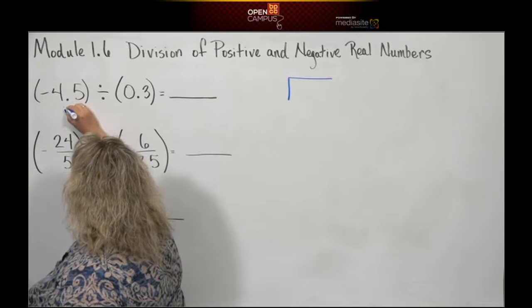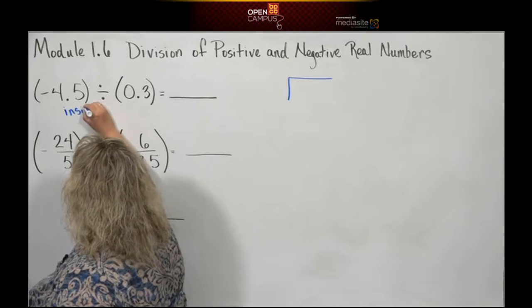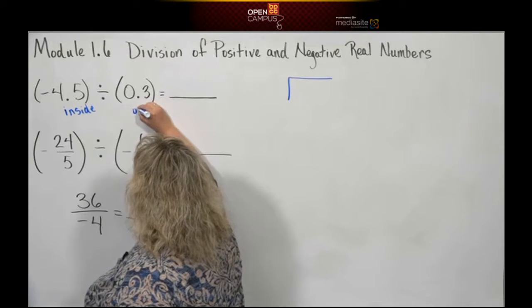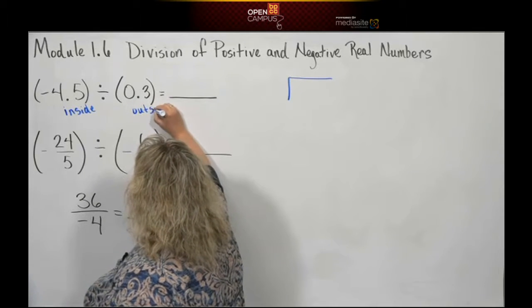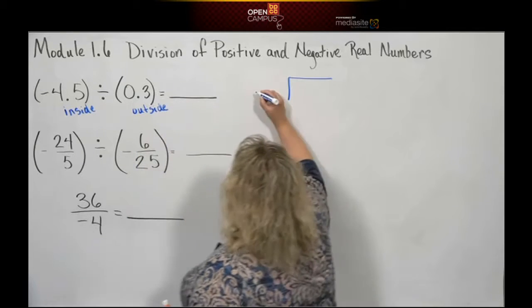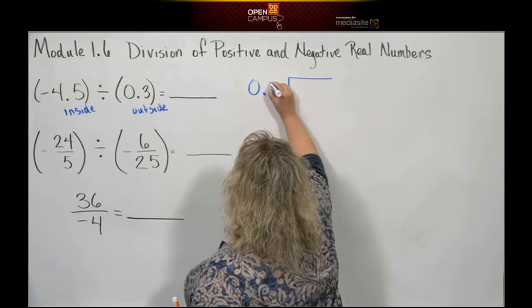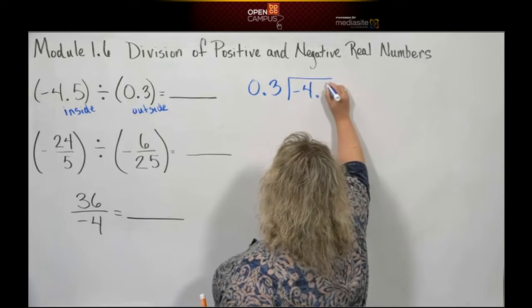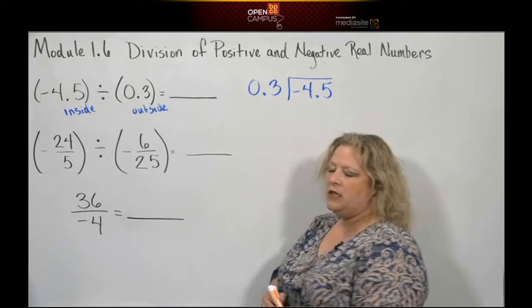So this one goes inside. And this number is your divisor, and it goes outside. So the 0.3 goes on the outside, the negative 4.5 goes on the inside, and then we're going to do division.